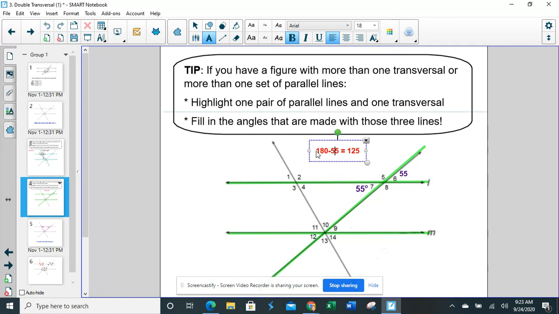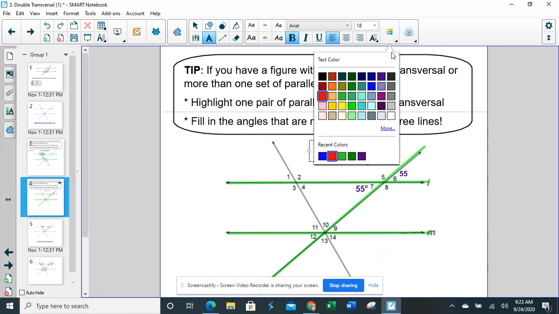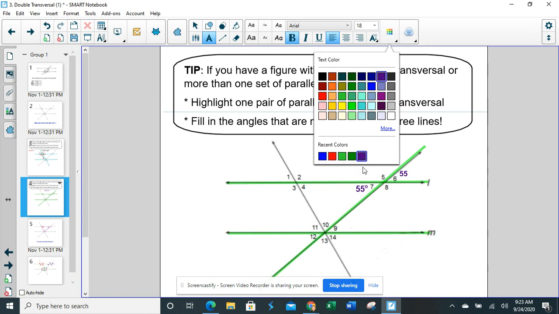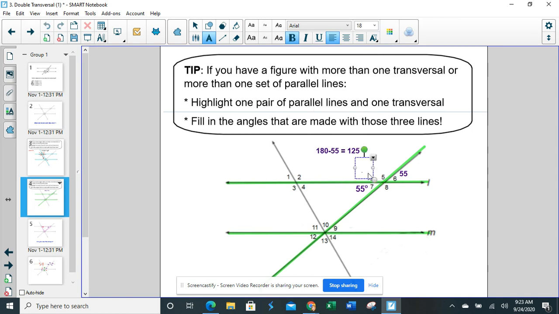Okay, so that means that this one right here has to be 125. All right, so this one's 125, and if this one and this one are vertical, then this one has to be 125.